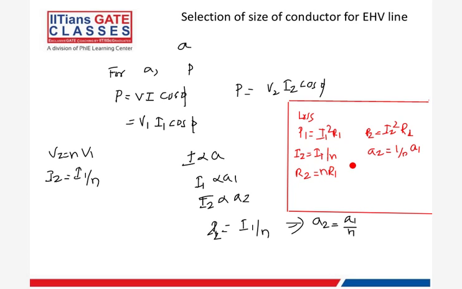So if we substitute this, the loss will become P1 by N. So even though we may think that since current is reduced by N times, the losses get reduced by N square times, it actually only gets reduced by N times, right?